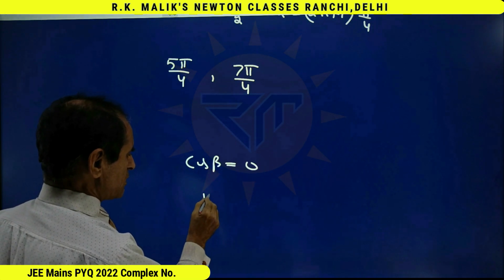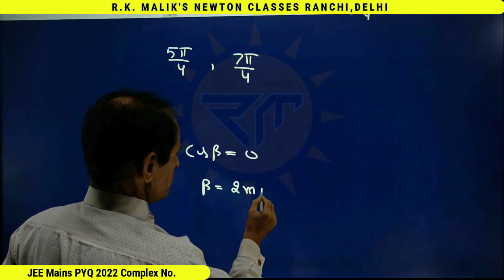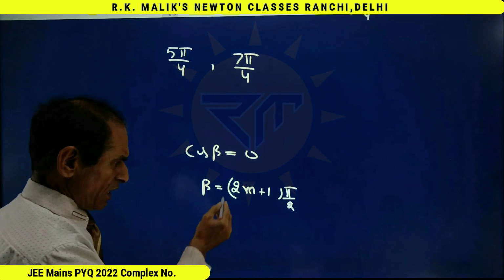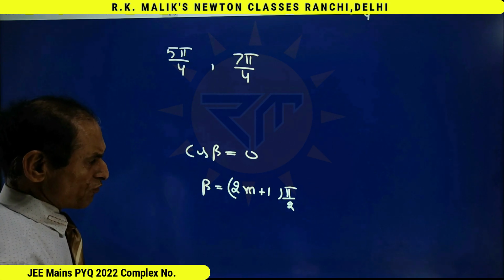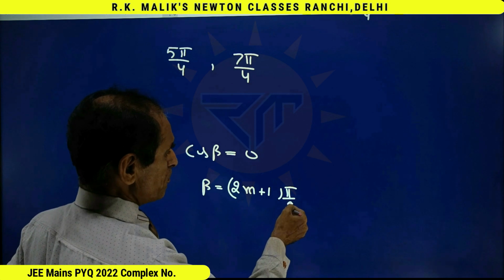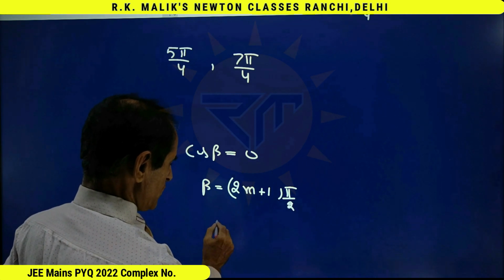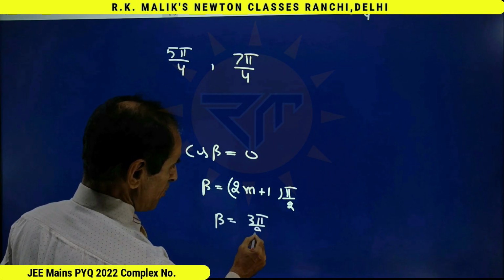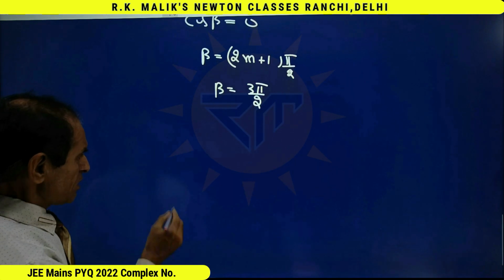Putting cos beta equal to 0, I get beta equal to (2m plus 1) into pi by 2, where m is any integer, but I will be taking only that value of m so that the value lies in the interval pi to 2 pi. Clearly, for m equal to 1, I will get the value of beta as 3 pi over 2, and it lies in the interval pi to 2 pi.